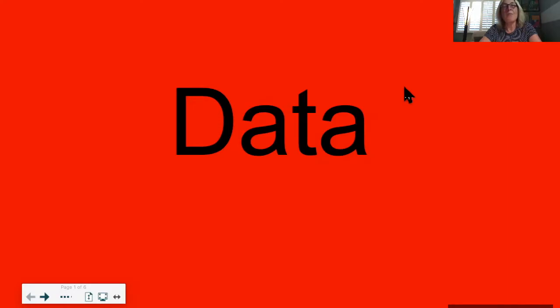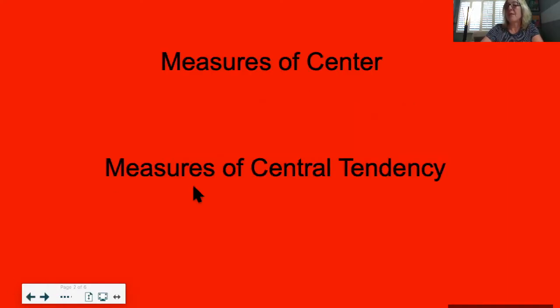So here we go. The first bit of information we're going to learn revolves around measures of center. Now our book calls it measures of center. Other resources will call it measures of central tendency, but it means the same thing.